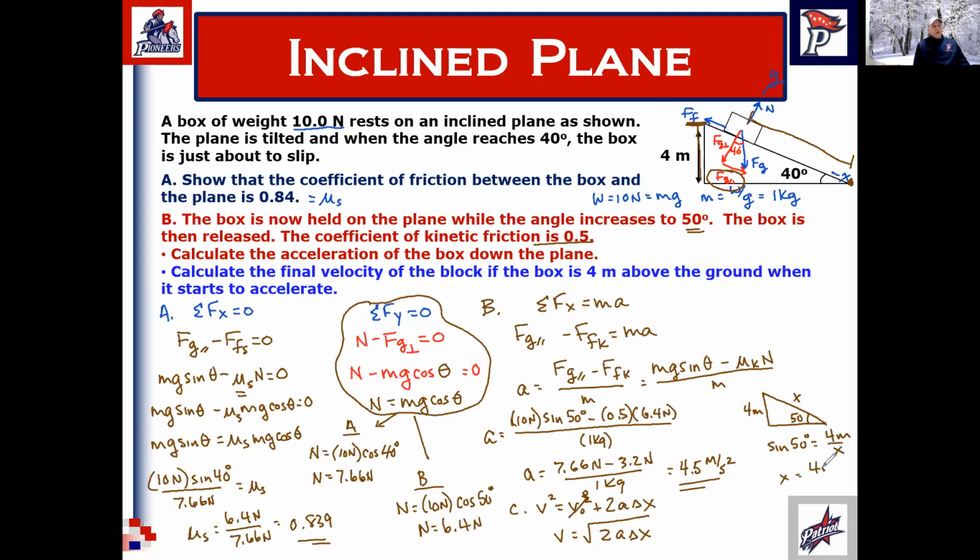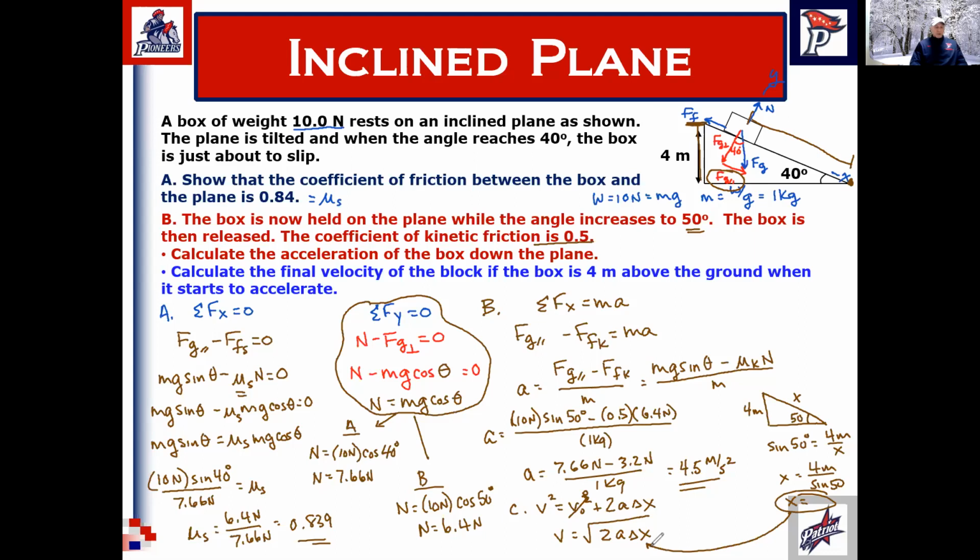X equals 4 meters over sine of 50, right? That value is what we would put in right here. This was an IB question years ago, where the students had to walk through all that to get the velocity.